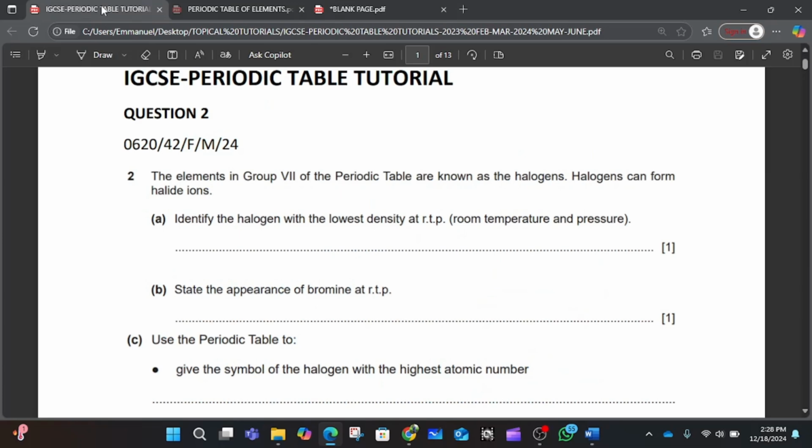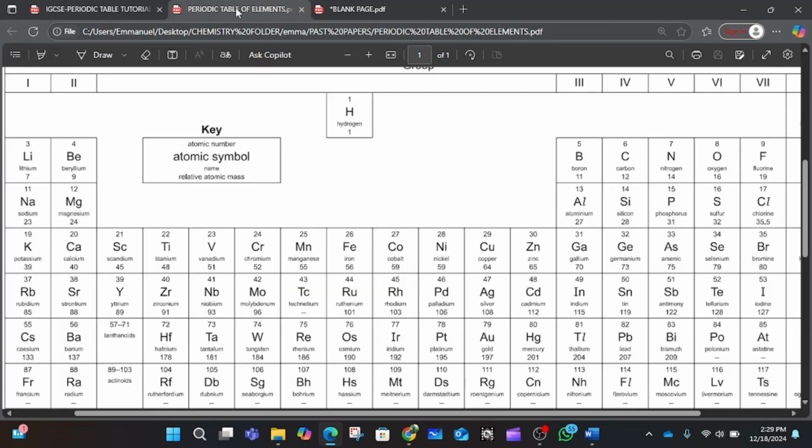The first question is question 2 of February-March 2024, paper 4-2. The elements in group 7 of the periodic table are known as halogens. Halogens can form halide ions. A. Identify the halogen with the lowest density at RTP. To solve this question, we need to look at the periodic table.